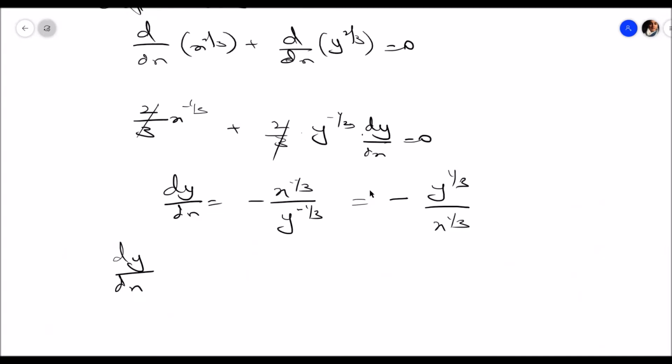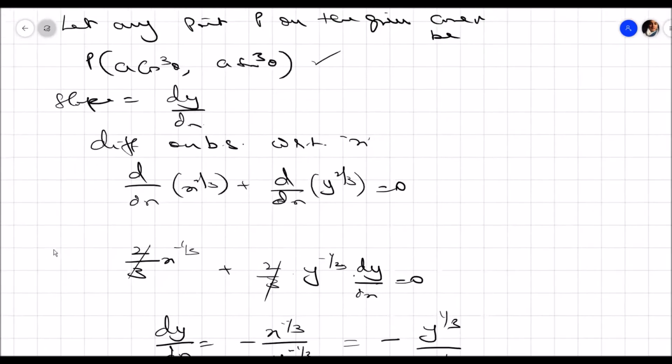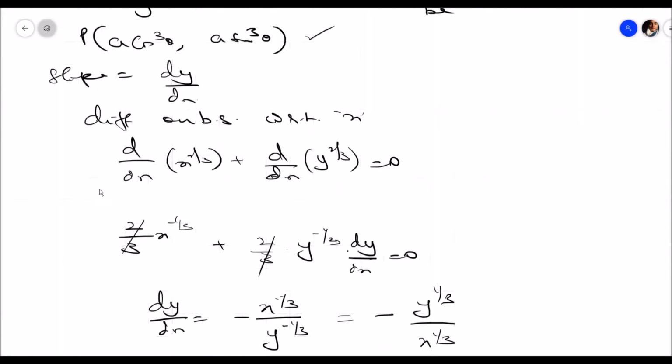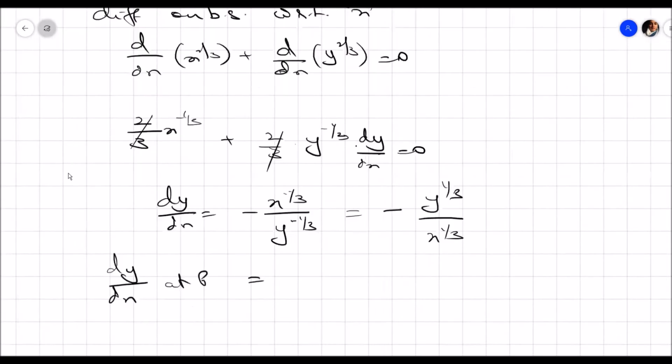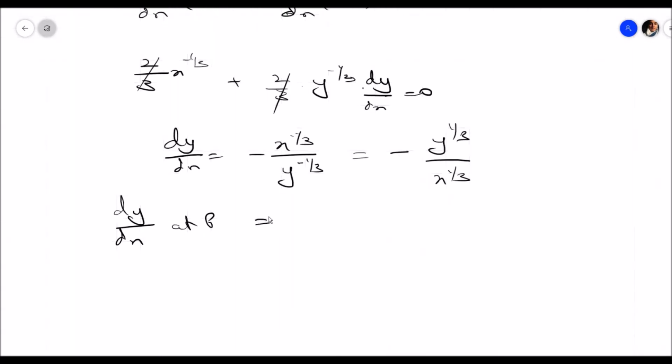At which point are we trying to find it? dy by dx at P is equal to. So here I have already taken the point P as a cos cube theta comma a sin cube theta. Okay, so the same point I will be substituting over here. So y is a sin cube theta and x is a cos cube theta, which will give me minus of a sin cube theta whole to the power of 1 by 3 by a cos cube theta whole to the power of 1 by 3, right?